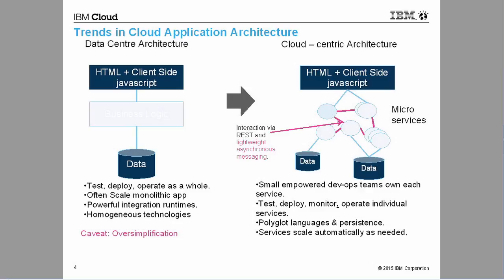The data center is tied to one specific business logic, data, and application in one specific center, whereas the cloud architecture is more simplified, supports polyglot languages, has automatically configurable service scalability, and all the DevOps services can be used very efficiently. Those are the key advantages of the cloud-centric architecture.